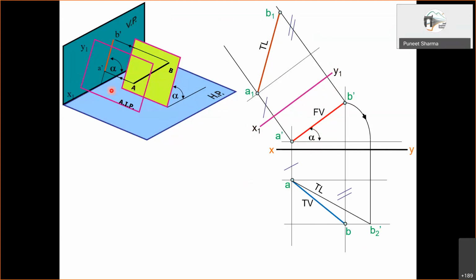We have this auxiliary inclined plane which is parallel to AB. If this AIP is parallel to capital A, capital B, then this x1, y1 is parallel to A dash, B dash. Using this fact, we chose x1, y1 parallel to A dash, B dash.